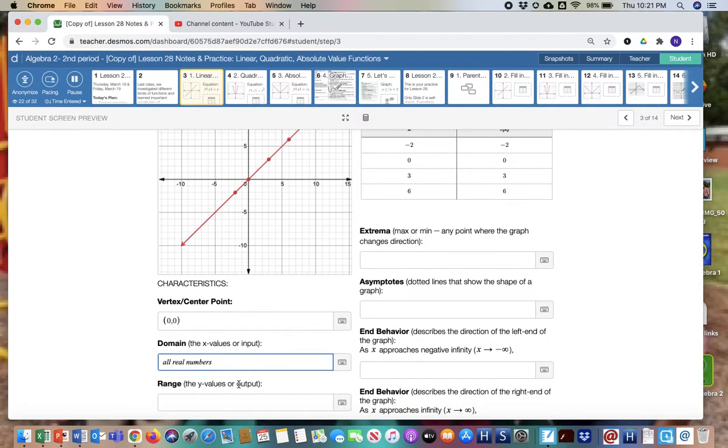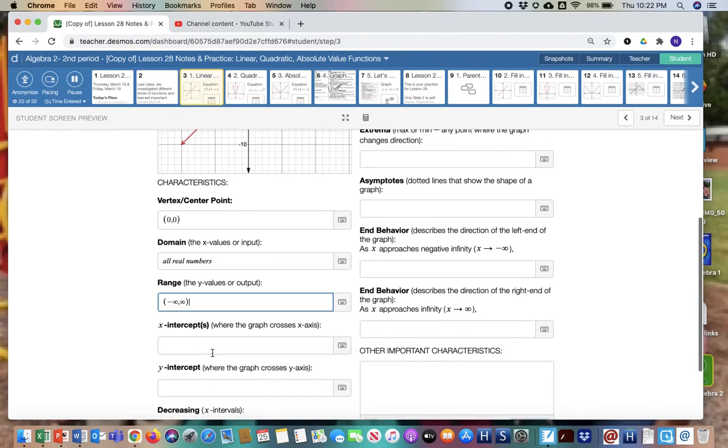So the range, or the y values, well, just like it went left and right, it also goes down and up with arrows, so it goes forever. So this time, we'll just write it in a different way. So we'll write negative infinity, comma, infinity. And there are parentheses there because we can't ever actually get to those 2 values. So that's just a different way of writing this same type of answer.